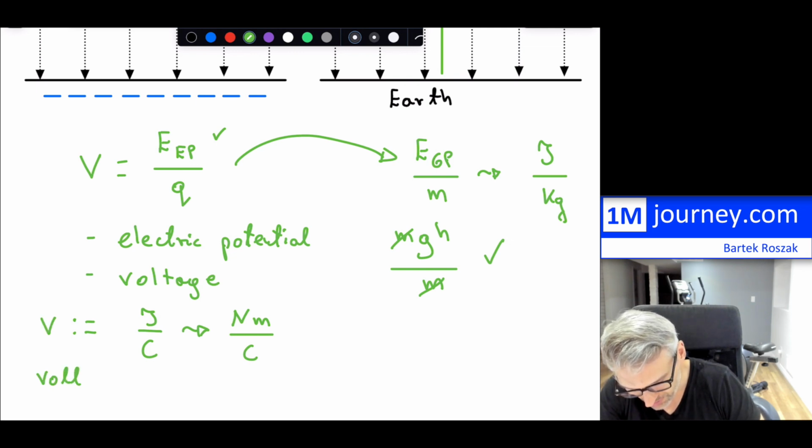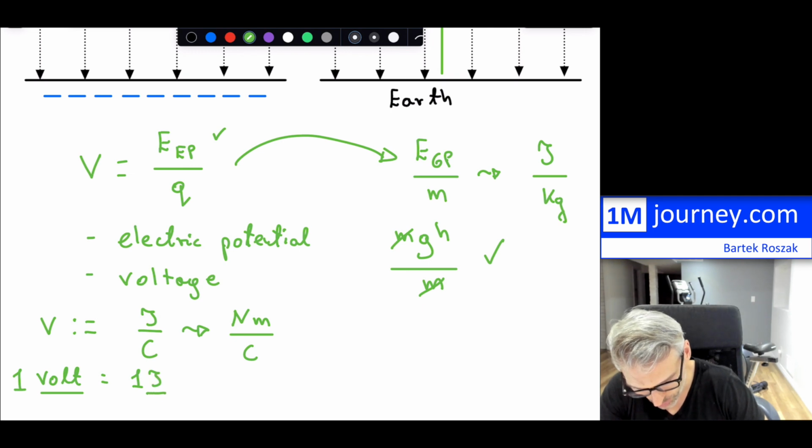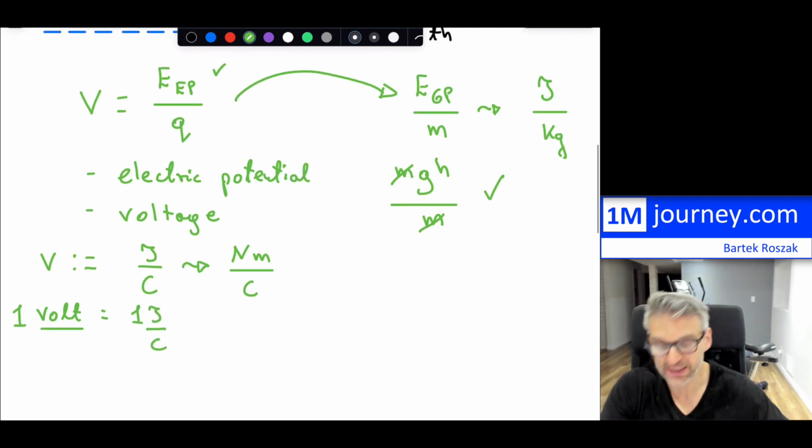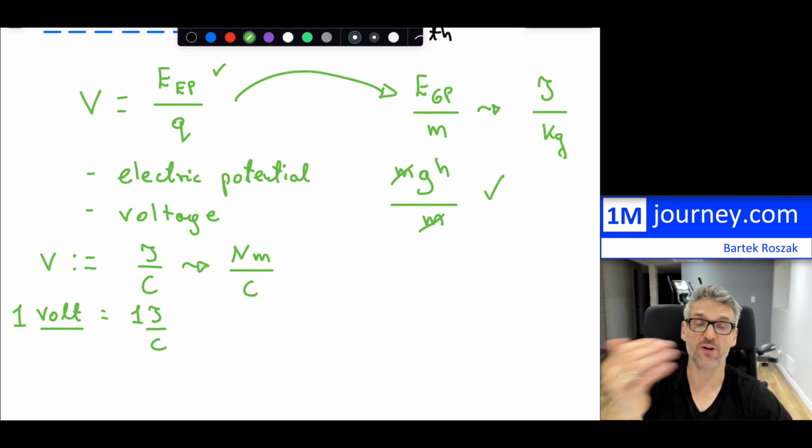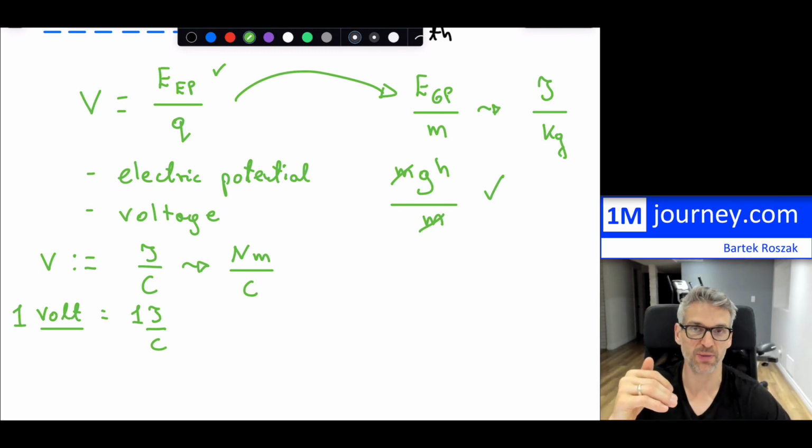So this is the volt, which is a single unit. So 1 volt is equivalent to 1 joule per coulomb. That would be the amount of energy, in this case potential energy, for every single coulomb of charge that would pass by. So that is where the volt comes from.